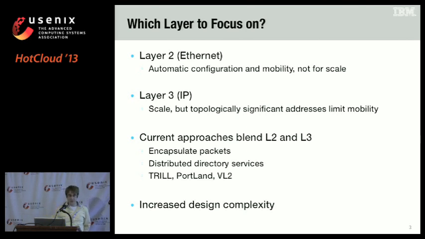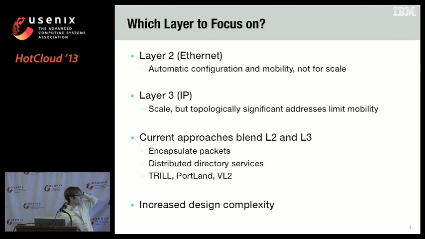This was developed for local area networks. Its strength is automatic configuration, which is great for things like VM mobility, but it isn't great for scale, due to broadcast protocols like ARP, and not that efficient use of all the links.